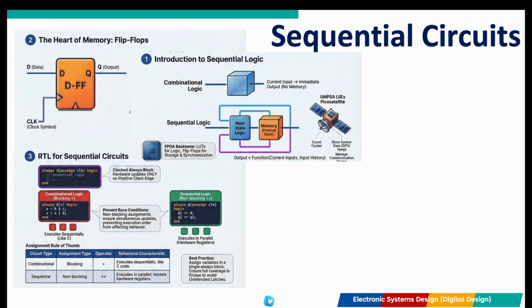Inside this block, we use non-blocking assignments, represented by the less than or equal symbol. In combinational circuits, we use the standard equals sign for immediate updates. But in sequential RTL, the non-blocking assignment tells the hardware, wait for the clock edge, then update all registers simultaneously. This prevents race conditions, where one part of the circuit accidentally updates before another is ready.